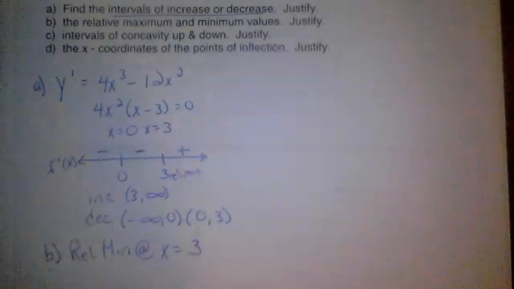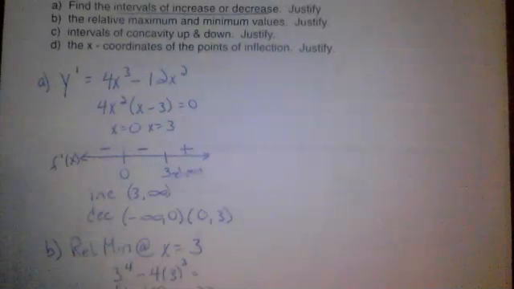Now, if they want the value, you would need to put the 3 back into your equation. So 3 to the 4th power minus 4 times 3 to the 3rd power. Here would be 81. I don't trust myself.